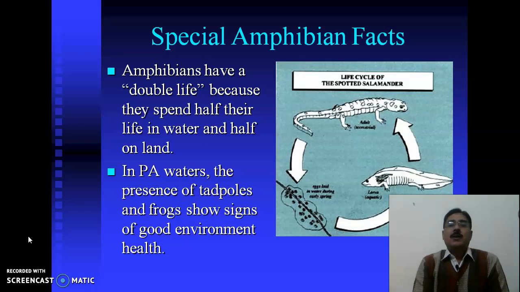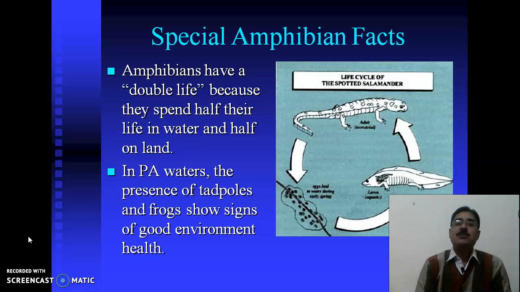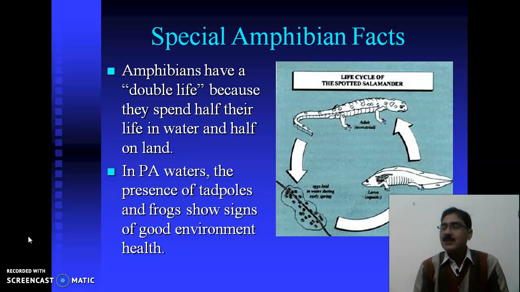So in the last part, I would like to summarize the special amphibian facts: amphibians have a double life because they spend half their life in water and half on land, because the tadpole is totally aquatic while the frog is semi-terrestrial because it requires water for reproduction.